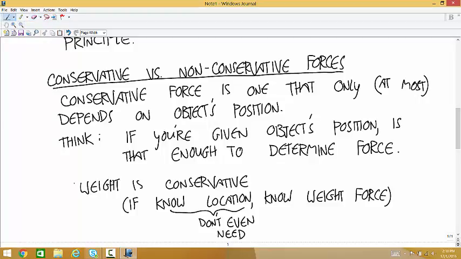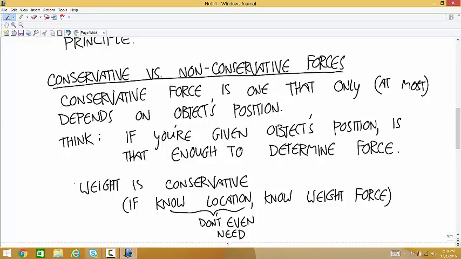So now let's think about a normal force. Say we know the mass of this, too. Is it enough information, if I tell you that this is here on this table, to know the normal force? This one's a little tricky, but is that enough?